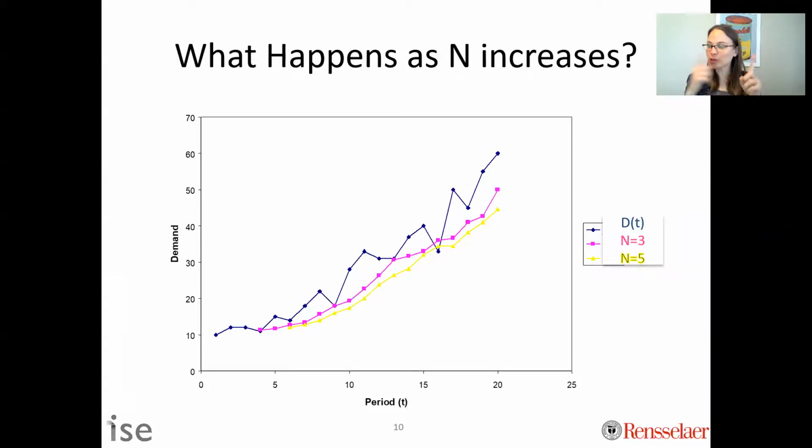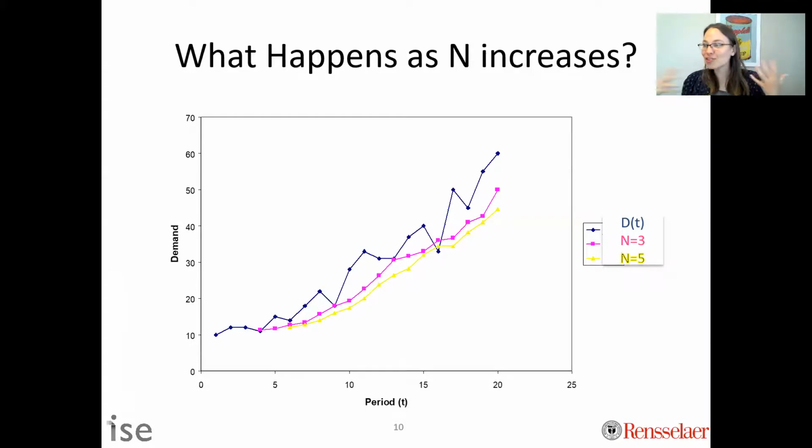What is the difference between t and t plus 1 of our estimate? In the 5-period moving average, 4 of the data points are the same. I'm just kicking out 1 and adding 1 new. With a 3-period moving average, you're again kicking one out and adding one, but you only have 2 points that are the same.